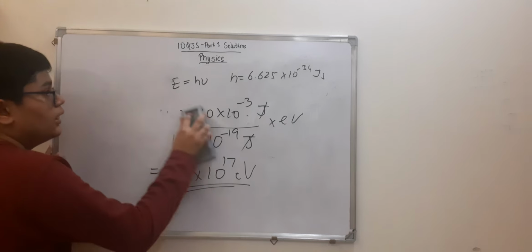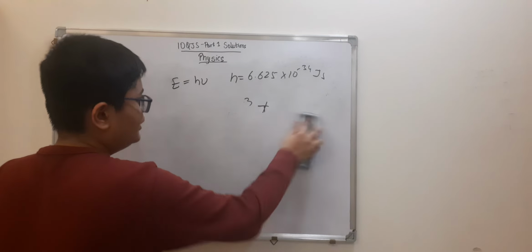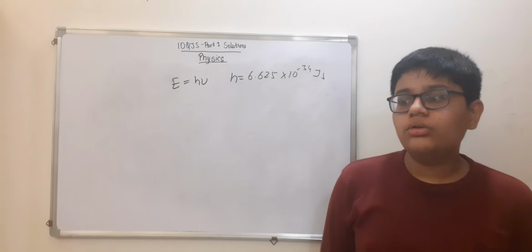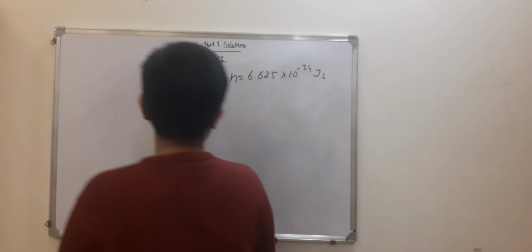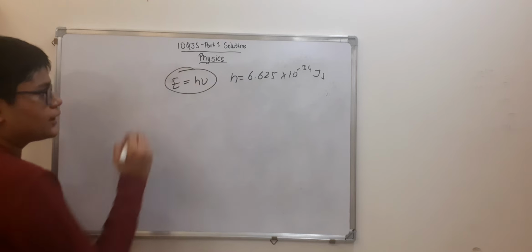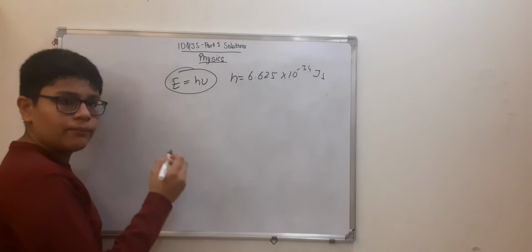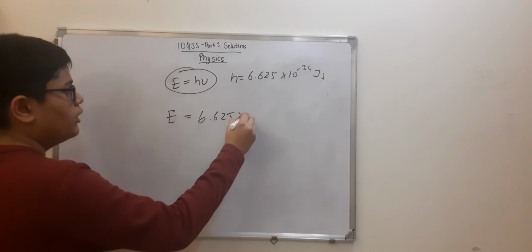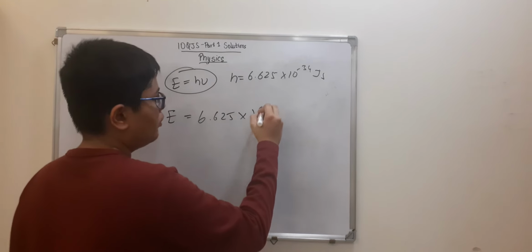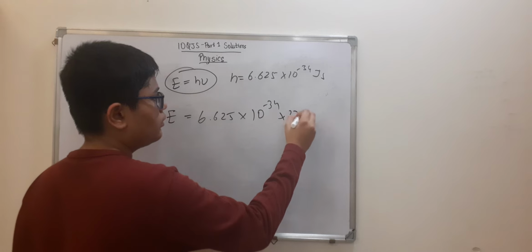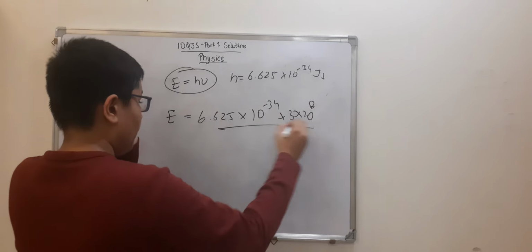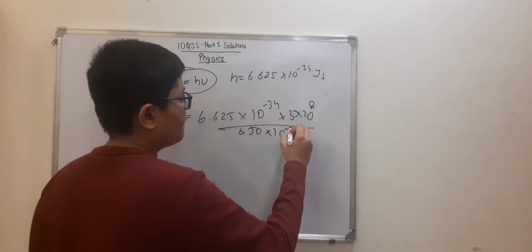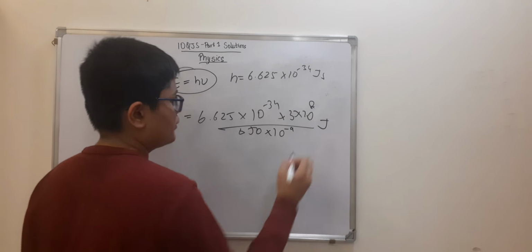Okay, let's move on to the next option. The next option is saying that each photon has some energy. So now we need to use the value given by Max Planck, and each photon will have energy 6.625 into 10 to the power minus 34 into 3 into 10 to the power 8 upon 650 into 10 to the power minus 9 joules, right?